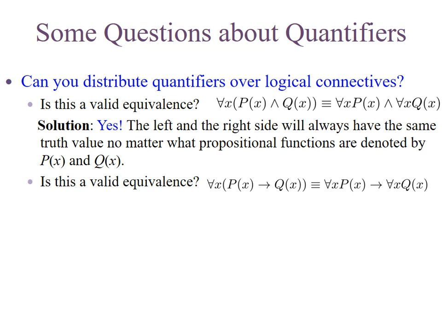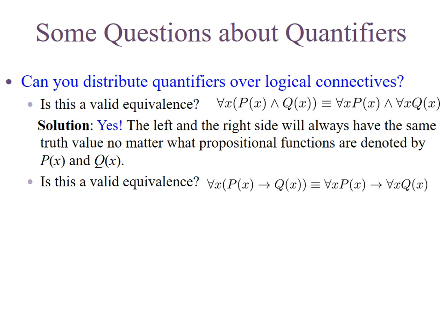So the meaning of the right-hand side is we have the domain for all x. If for all x p of x, that means all x has the property. So we have 10 elements, right? If for all x p of x is true, then that means 10 elements have the property p of x. Then for all x q of x is also true.